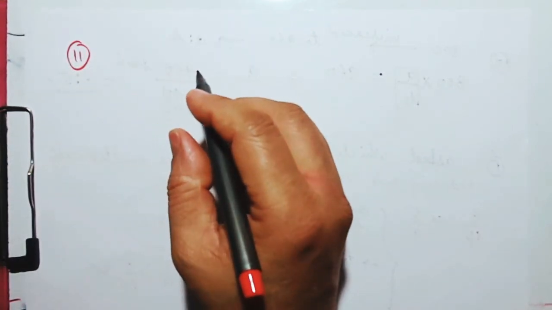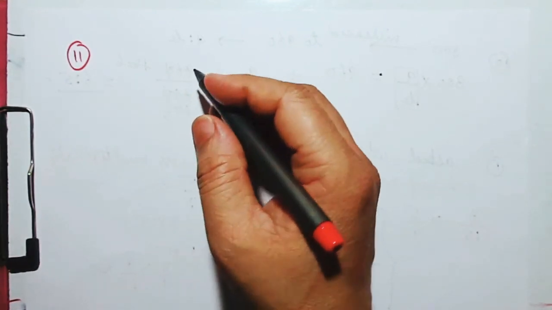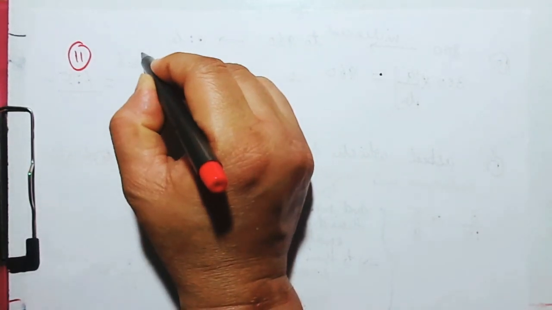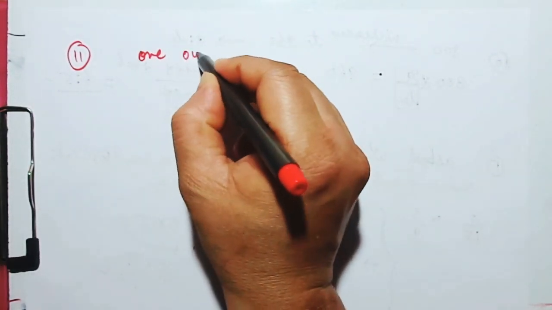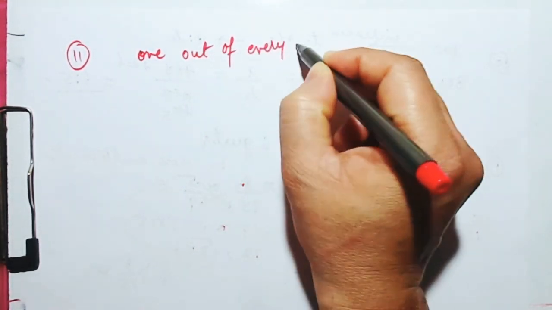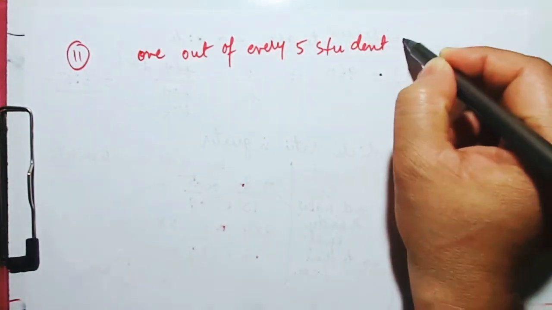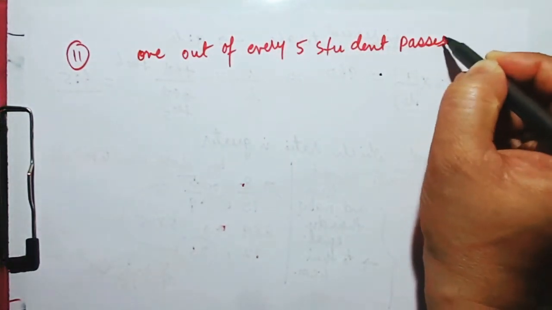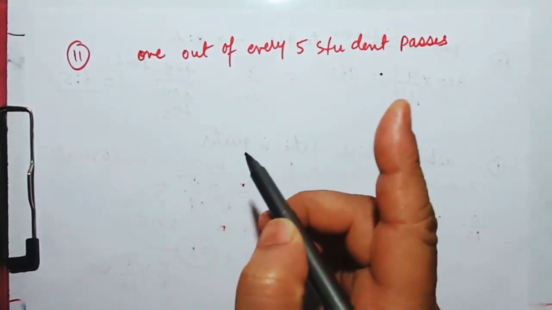Out of every 5 students, 1 student passes. Try to understand this.